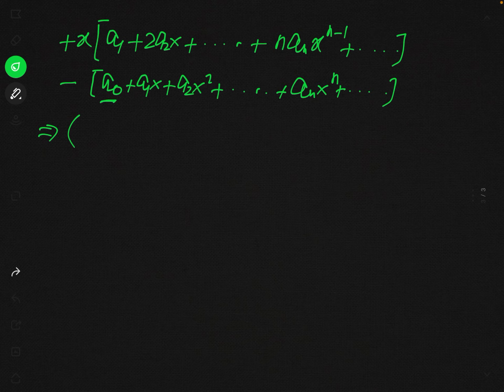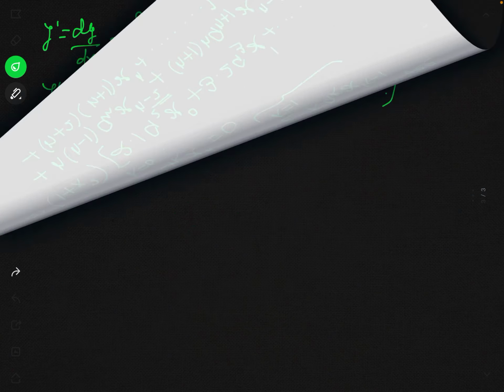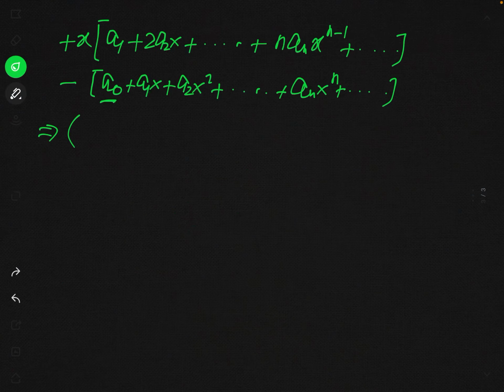So this will be 2a2 minus a0 into x to the power 0. Although there is no need to write x to the power 0 because it is simply 1, and plus.